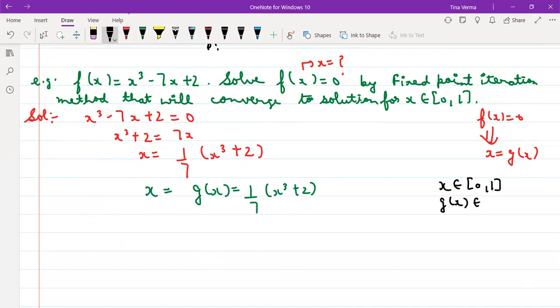If you substitute 0 over here, what answer will come? 2 by 7. And if you substitute 1 over here, you will get 3 by 7. That means that is also in the interval 0 to 1. So x belongs to 0 1, and g(x) also stays between 0 and 1. One condition is satisfied.